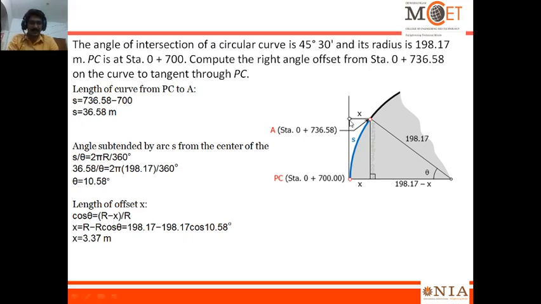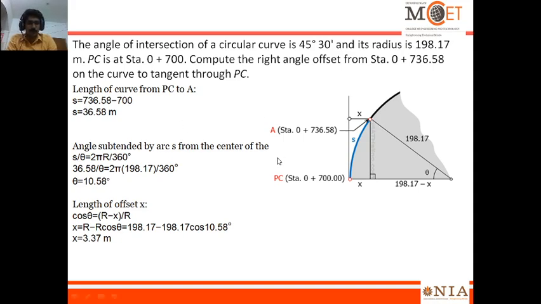So this x has to be determined, and they have given some values, say station 0 plus 700, that is the point of commencement, this chainage, and chainage at the curve point A is 0 plus 736.58, right?